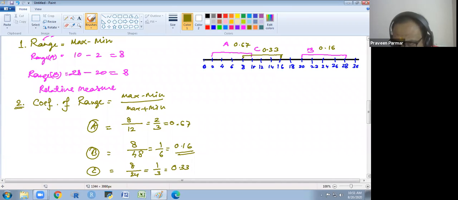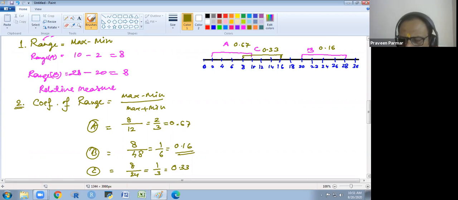Then you could conclude to some extent that data A is from low value data and data B is high value data. So this is what we get through the coefficient of range.